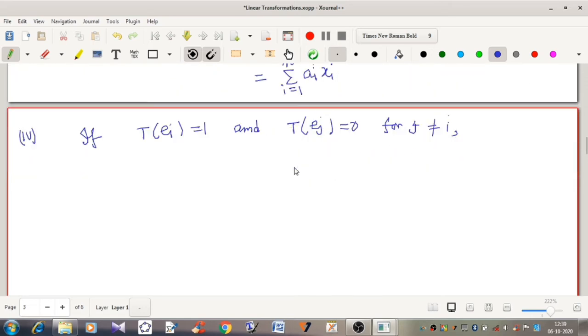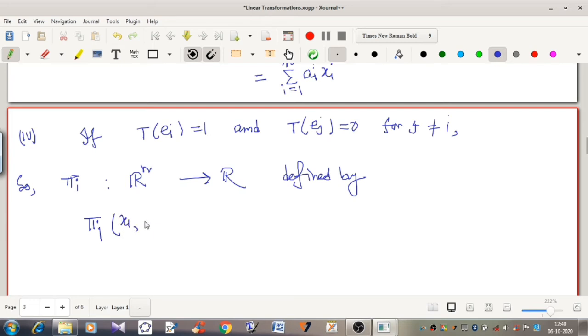The coordinate map is denoted by pi i and is defined by pi i of (x1, x2, up to xn) equal to xi. This coordinate map is a particular type of example 3, so obviously the coordinate map is a linear map.